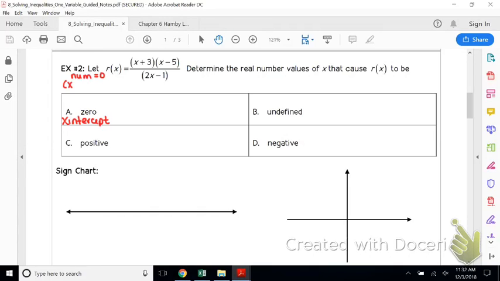And so we know that x plus 3 times x minus 5 has to equal 0. And then we're going to separate them. So x plus 3 is equal 0, and x minus 5 has to equal 0.